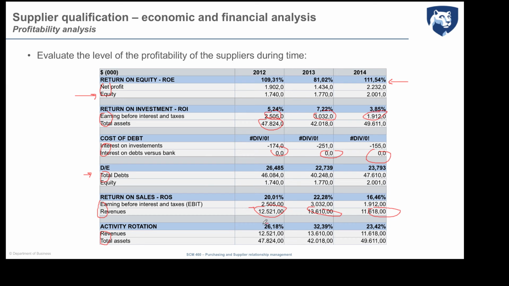Yes, sorry, this is not correct. I just realized that it is not percent, but it is wrong. Sorry for that, I will correct this. But again, if you make the ratio between 12 and 47, you obtain 2.61.